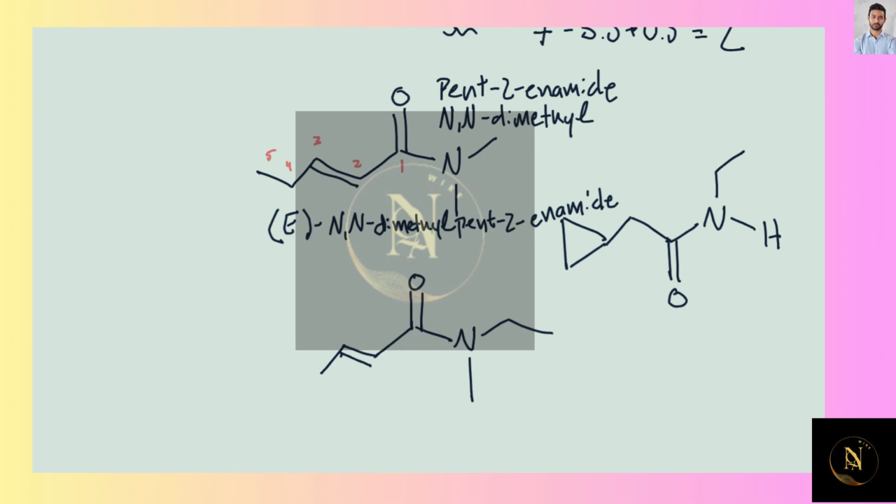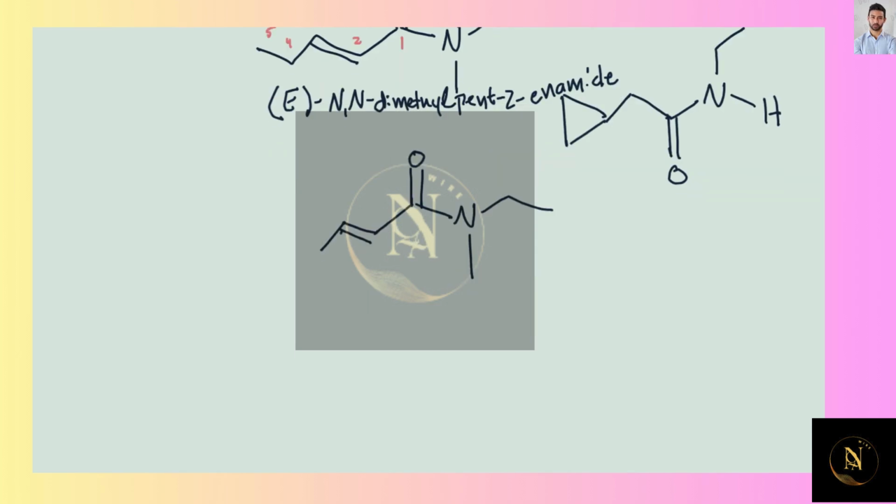Let's move on to the next. Very similar here. Once again, this is E, but now our chain is only 1, 2, 3, 4 carbons long, and we've got an N-ethyl and methyl. In either case, this becomes a but-2-enamide, but we still have this E out front. And since we have different groups on our nitrogen, instead of saying N-dimethyl, we will put them in alphabetical order and do them one at a time.